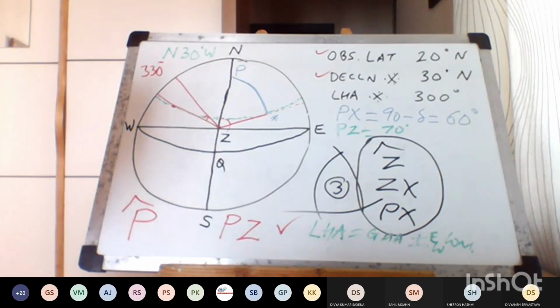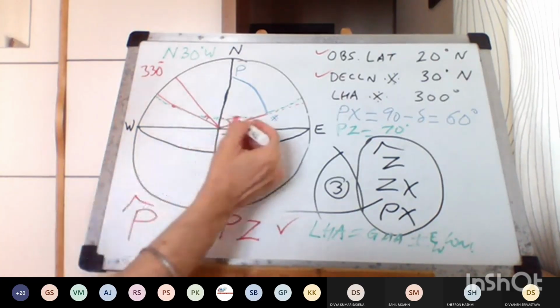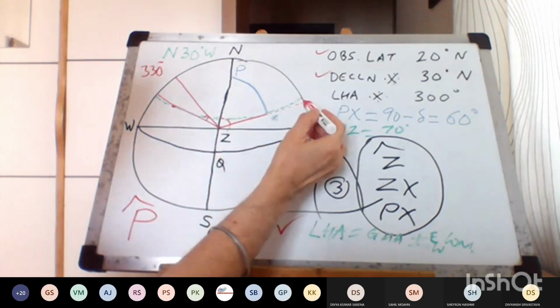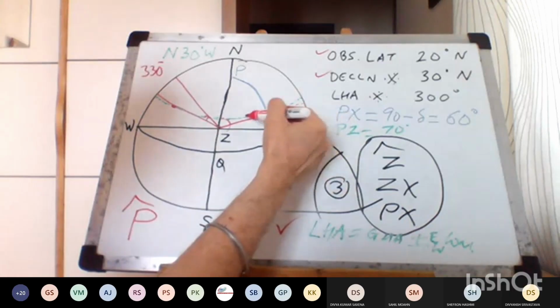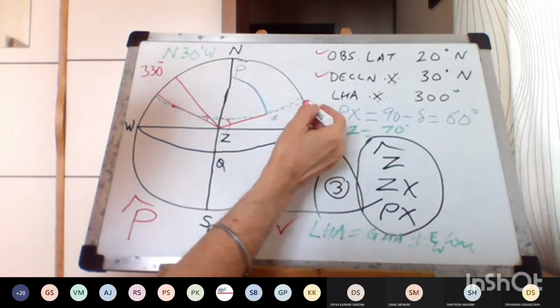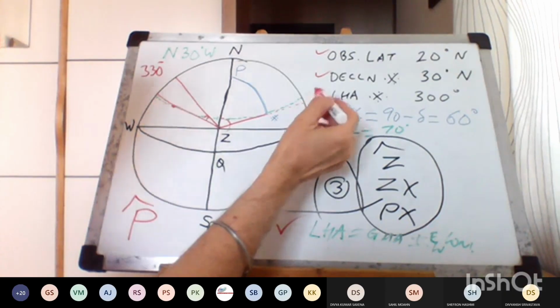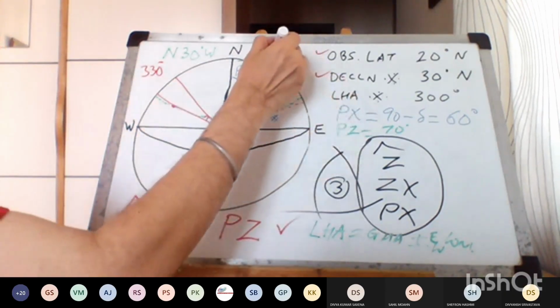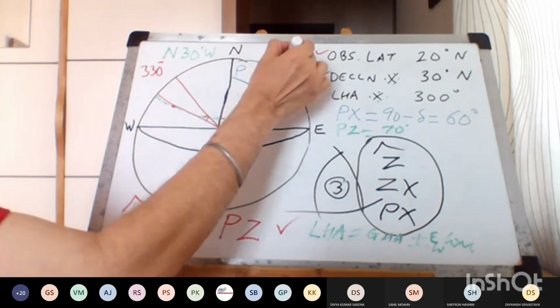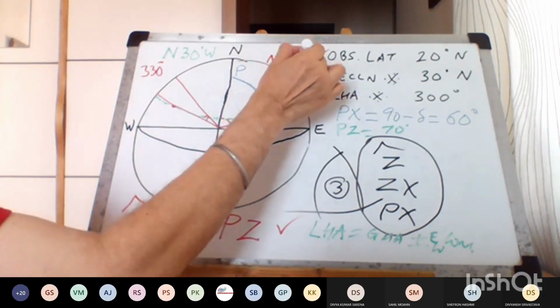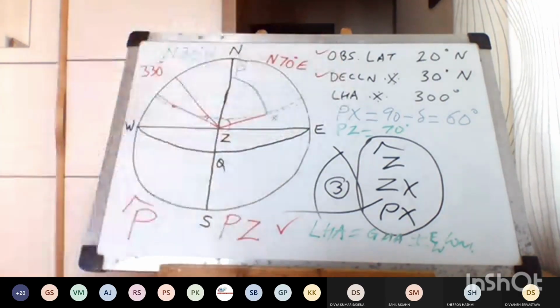North 30 west. In this case, the azimuth is 60, which is as per the bearing also. Let us say maybe 70. Here azimuth is what? North 70 east.